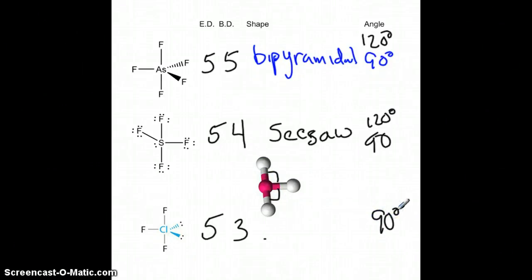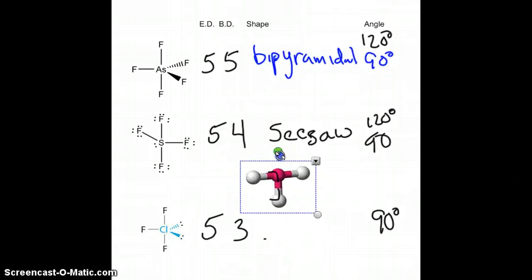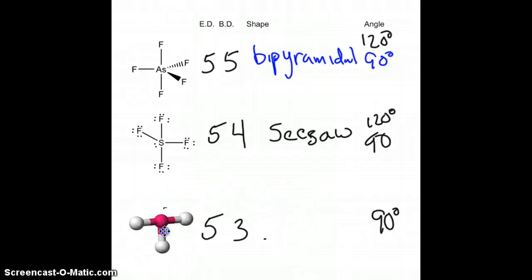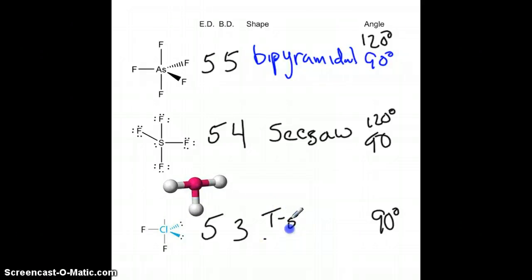So that shape has a bond angle of 90 degrees, and let's see if you can figure out what the shape is going to be called when I rotate it this way. Let me get rid of this stuff. Okay, when I get this way, anybody want to take a guess out there? Okay, we're going to call that T-shaped.